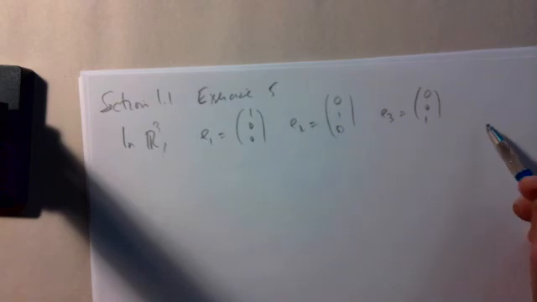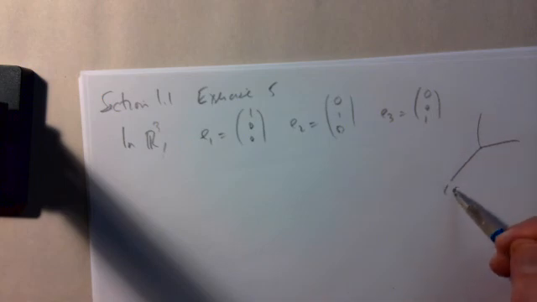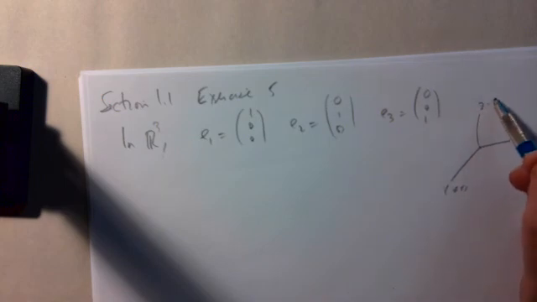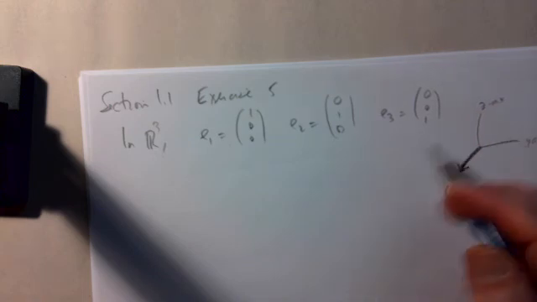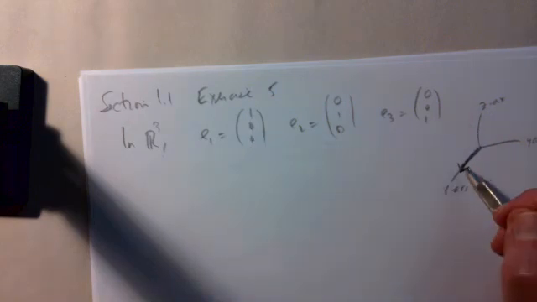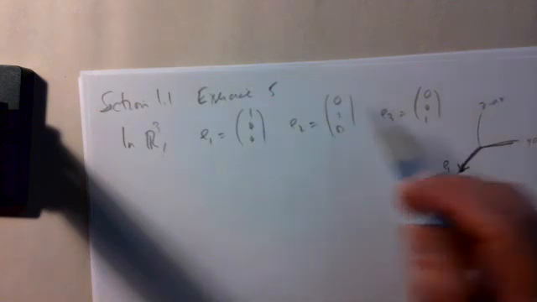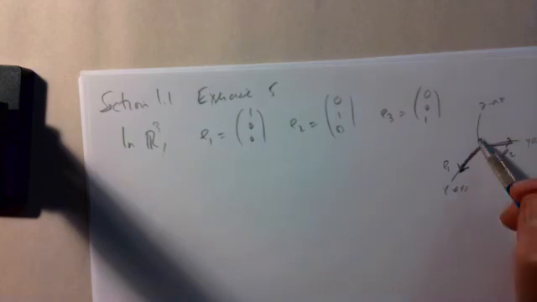So, you can think of ordinary three-dimensional space. You have the x-axis, y-axis, z-axis. If you go 1 unit in the x direction, this vector has coordinates 1, 0, 0. This is the vector E1. If you go 1 unit in the y direction, that's the vector E2.